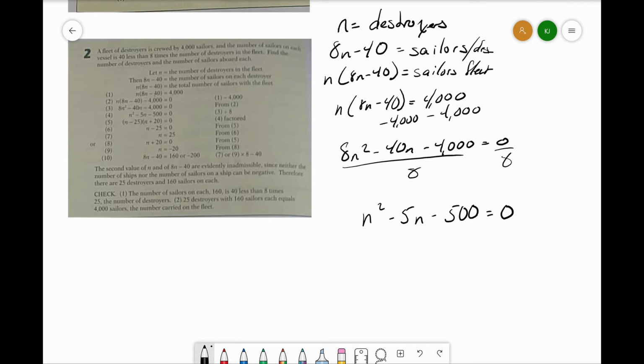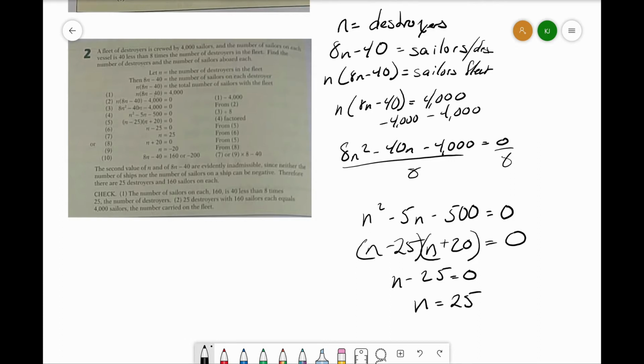And those numbers are a little bit easier to manage, and thus they're going to be easier to work with in the long run. So from here we can start to unfoil it, and we have a positive and a negative, and then 25 and 20 will work. So then we have n minus 25 is equal to 0, so n equals 25.